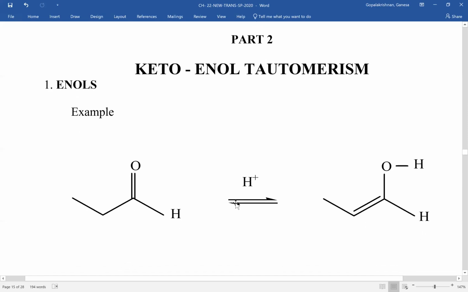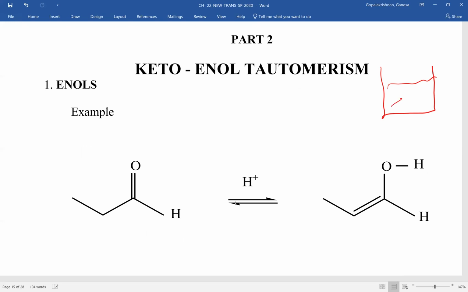Because of the acidity, we are going to say something. If you take a beaker and dissolve an aldehyde in a solvent, add some acid, what will happen?